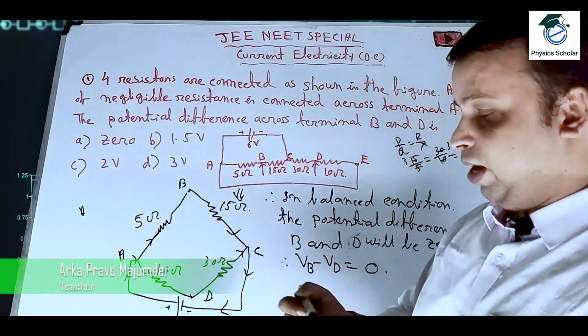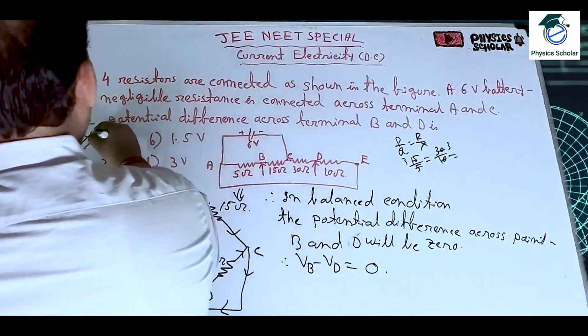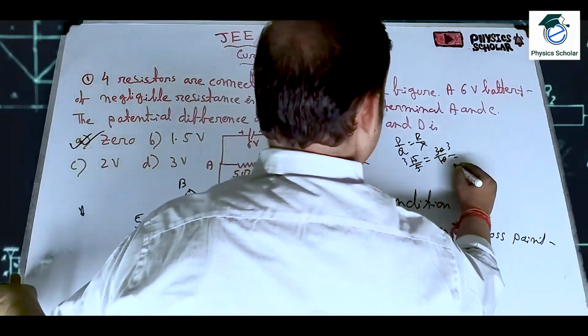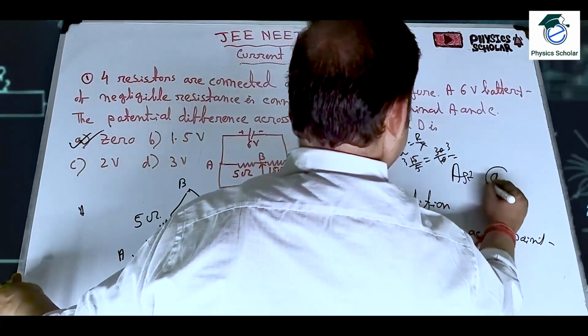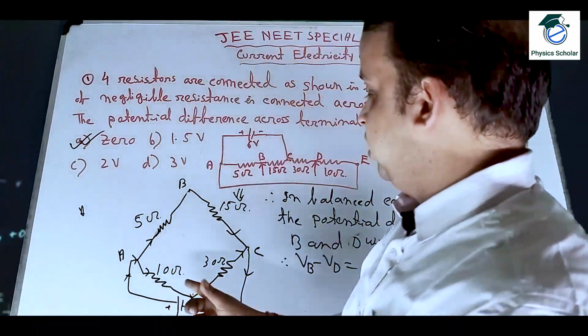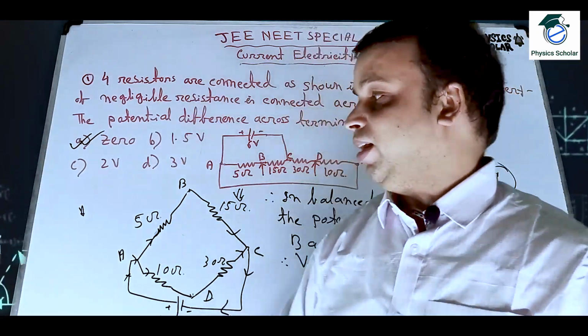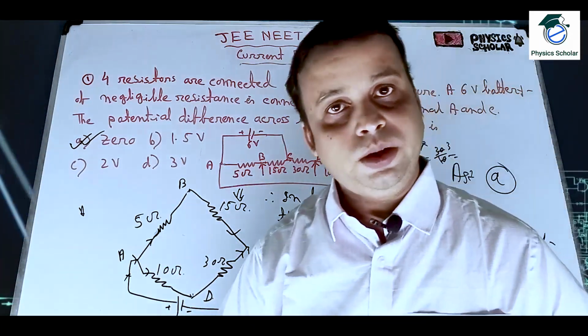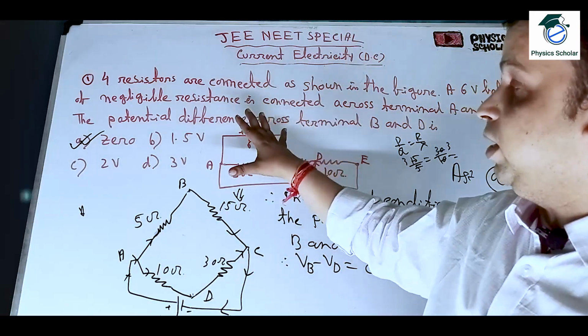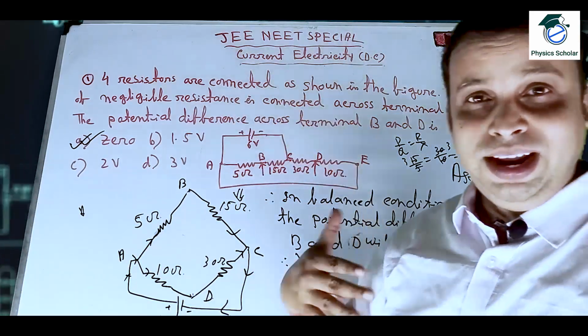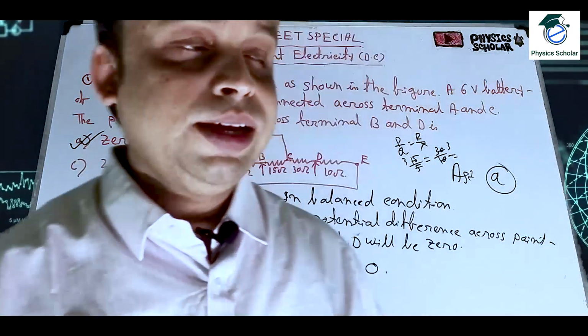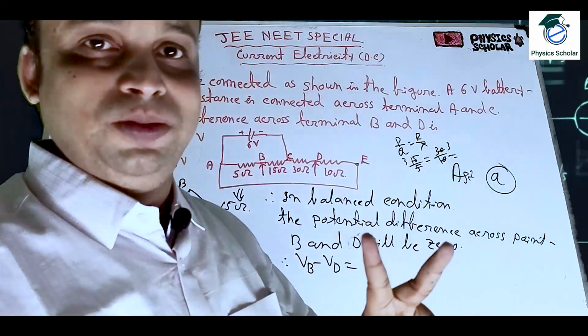So the answer will be option number A. In the balance condition of the Wheatstone bridge, the potential difference across these two terminals will be 0. Students, hope you have understood this problem. Now let us move to the next question, number 2.